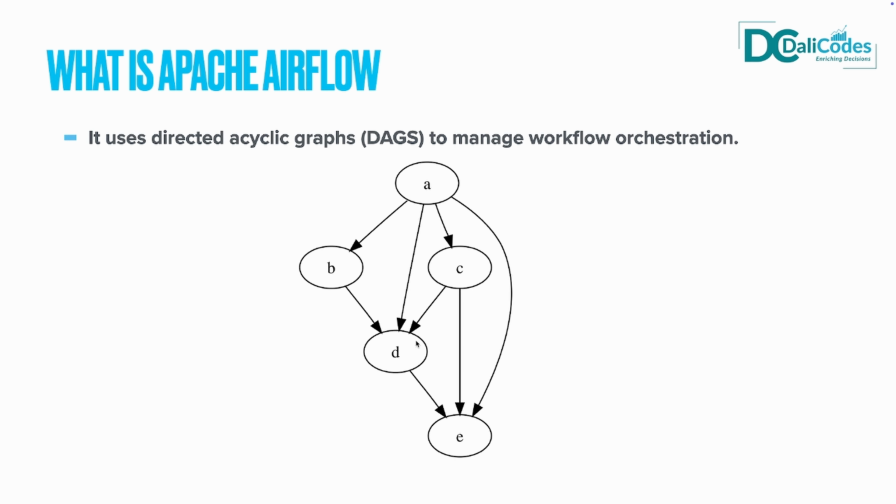Task D cannot run unless task B, A, and C have completed successfully or they have been skipped. So that is how the DAG looks like. We shall talk more about DAGs in the lecture tailored on DAGs. We can call them lectures or videos, doesn't matter.